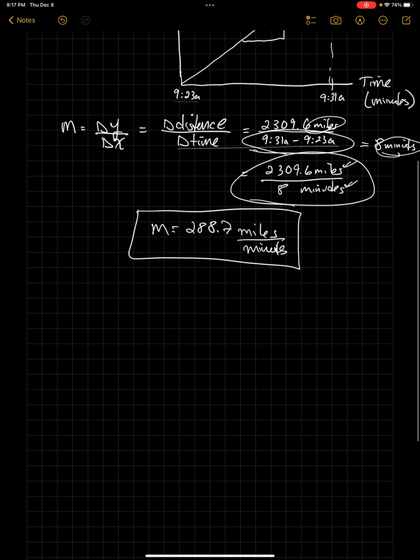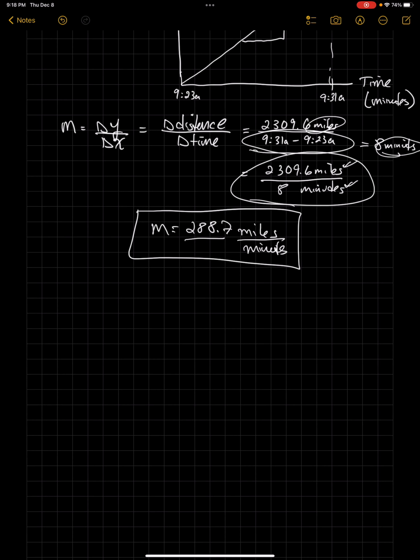But when we measure the speed in an automobile, for example, we're reporting miles per hour. We can convert this value, 288.7 miles per minute, which we don't have a lot of familiarity with. We very rarely report the speed of something as miles per minute. We almost always report it as miles per hour.